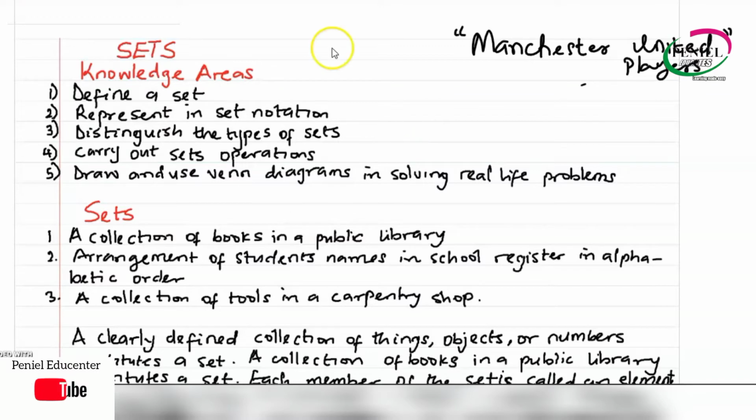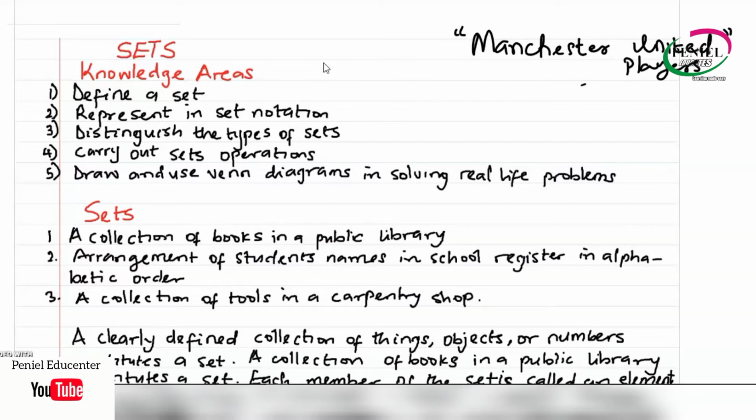You can also have a set, a collection of books. In everyday activities, people admire and are involved in certain arrangements and collections of objects. You can have a collection of tools in a carpentry shop. You can have an arrangement of students' names in a school register in alphabetical order.